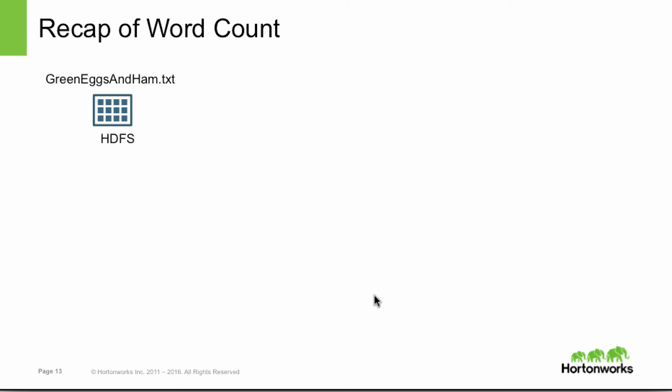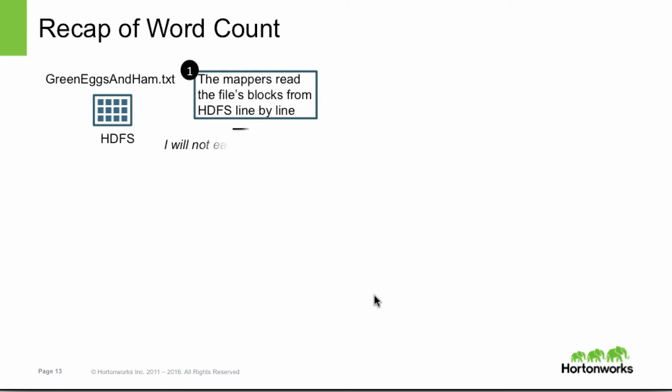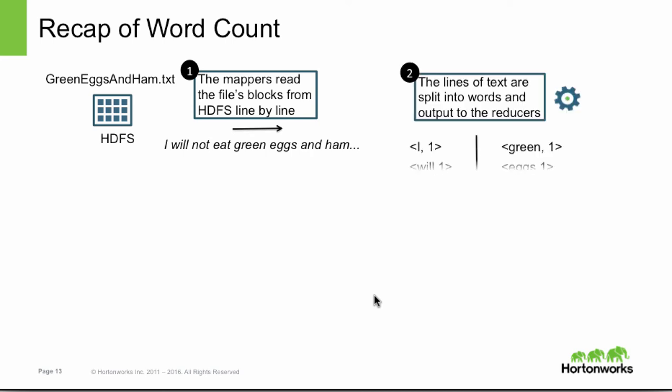So we have our green eggs and ham file in HDFS, and we end up producing a bit of mapper code that's going to be handed a row at a time. So this row started out, I will not eat green eggs and ham. And what is that mapper going to do? It's going to output a number of key value pairs. In fact, the number will be the number of words that were in that line.